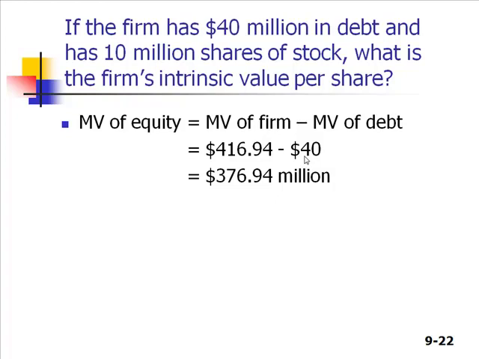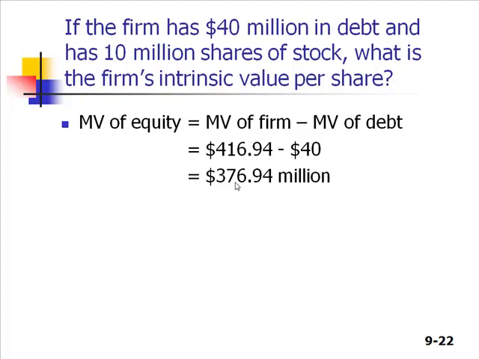That wasn't mentioned here, but it would certainly be subtracted off right along with the debt if it were. So we take approximately 417 million minus 40 million, leaving us with about 377 million, and that is the market value of the equity. So that's the entire value that basically belongs to shareholders if our calculations are correct.